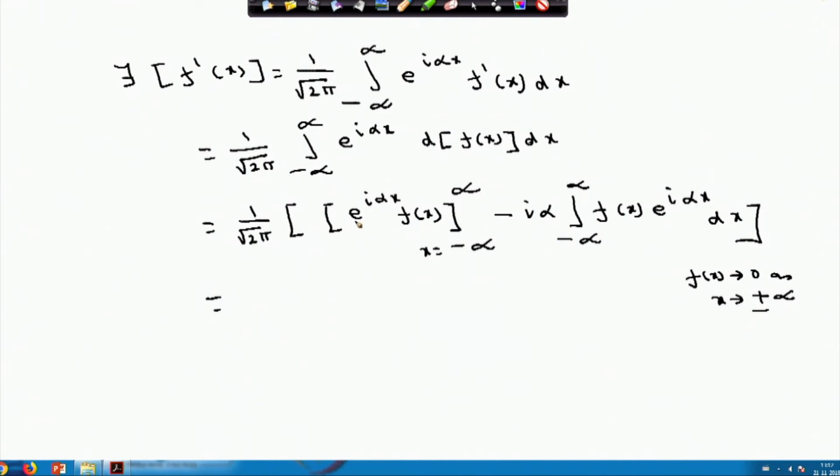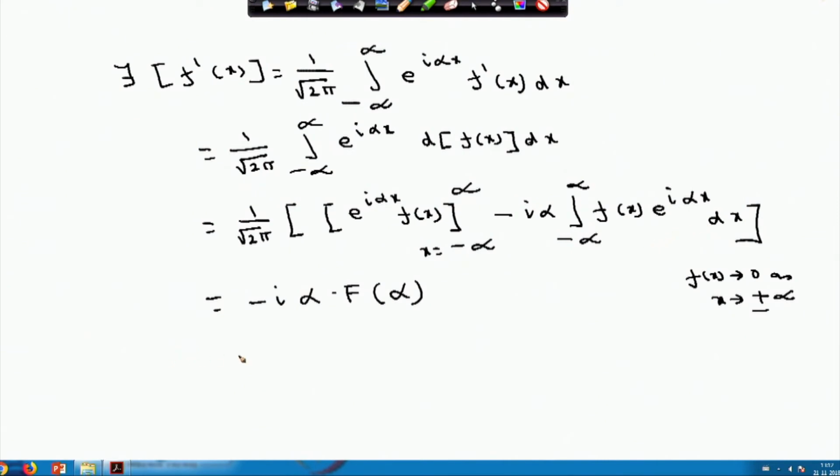Now, you can understand that I need the value of f(x) at this point, and if f(x) is 0 at x equals plus infinity or minus infinity, then the first term will vanish and the second term will be i alpha into 1 by root 2 pi, integral from minus infinity to infinity of f(x) e to the power i alpha x dx, which is nothing but the Fourier transform of f(x), which I am writing as F(alpha). So, F(alpha) is nothing but the Fourier transform of f(x), which is the quantity 1 by root 2 pi, integral from minus infinity to infinity of f(x) into e to the power i alpha x into dx.